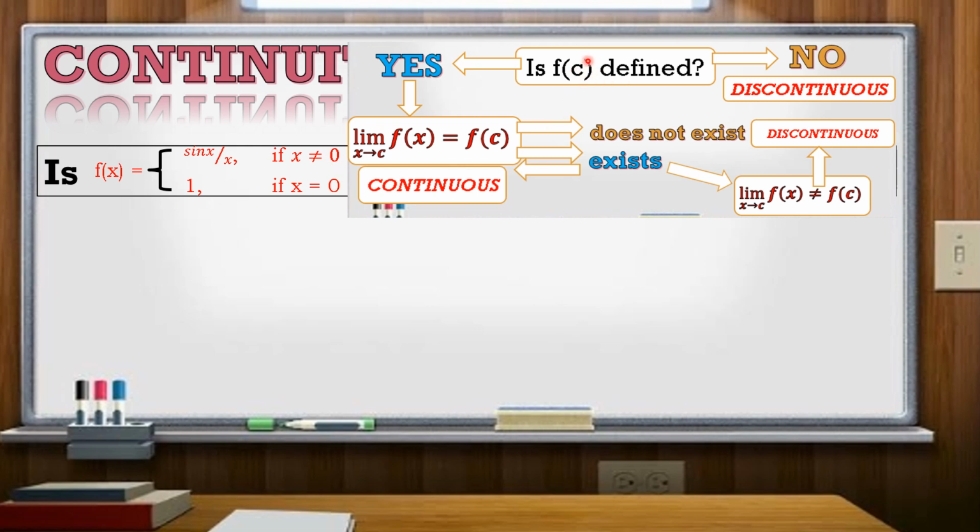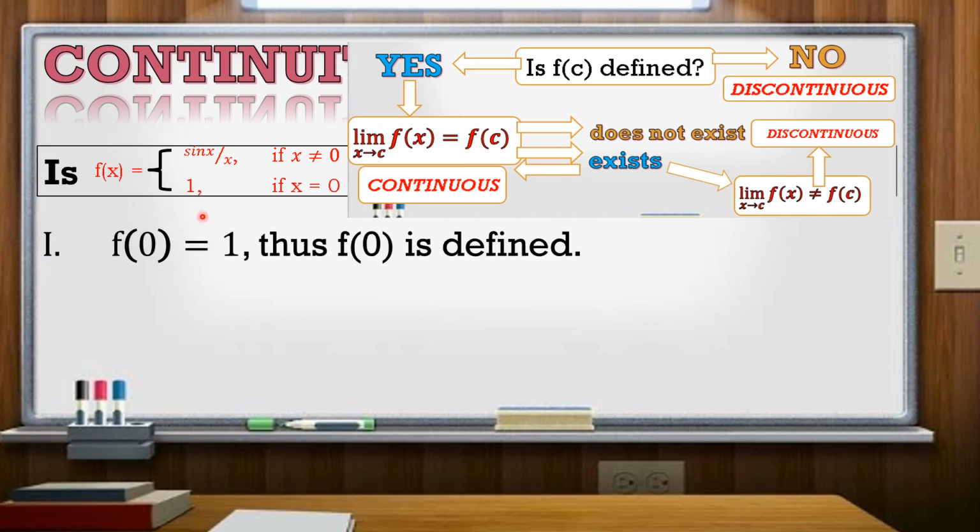Yun yung ibig sabihin ng x is not equal to 0. So alamin muna natin yung f of c natin. Since x is equal to 0, this is the function na gagamitin. Strategy number 1, f of 0 is equal to 1. Thus, f of 0 is defined. Yes, defined yung f of c natin, punta tayo sa left hand and right hand limit.